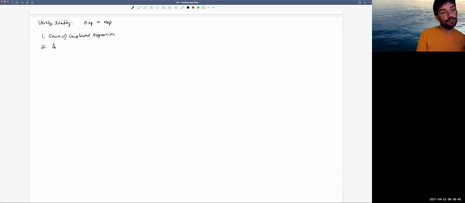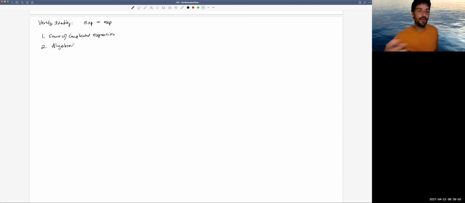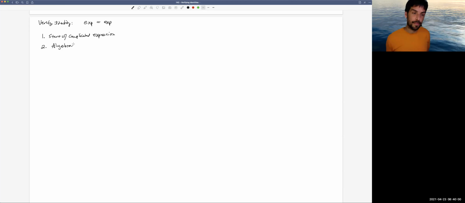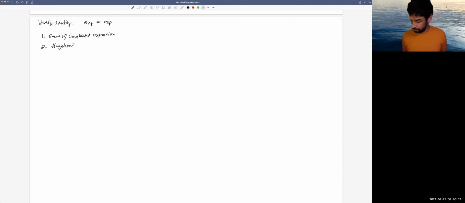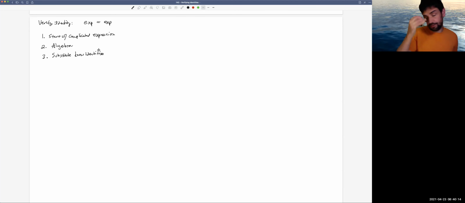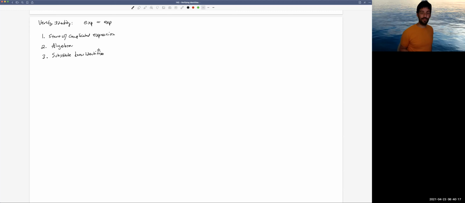We'll perform any algebra that's available to us, right? So combining like terms, factoring things out, expanding, if you've got some distribution to do, things like that. Maybe combining fractions, but basic algebraic moves. Substitute known identities, right? So replacing something with one of the things from that list I have up above.